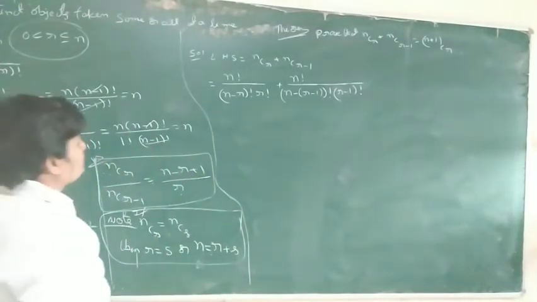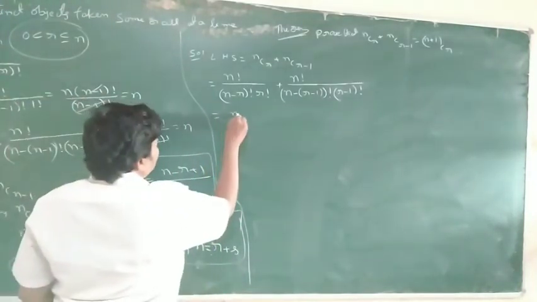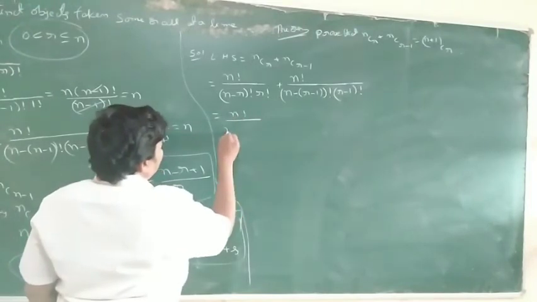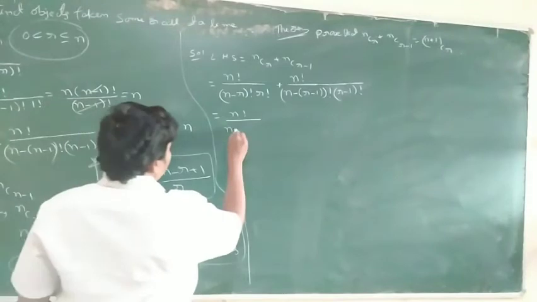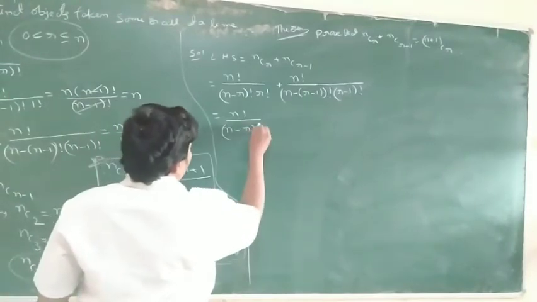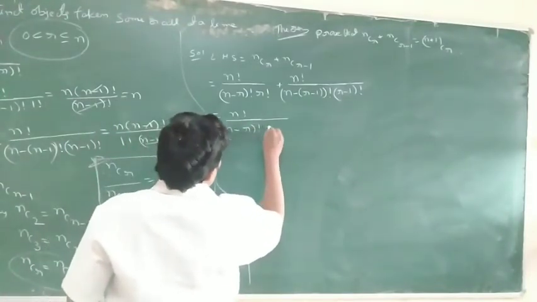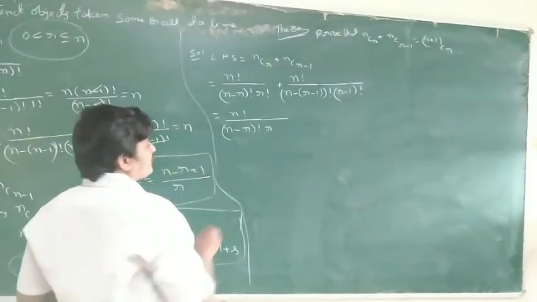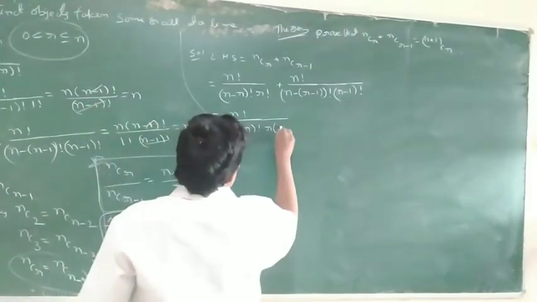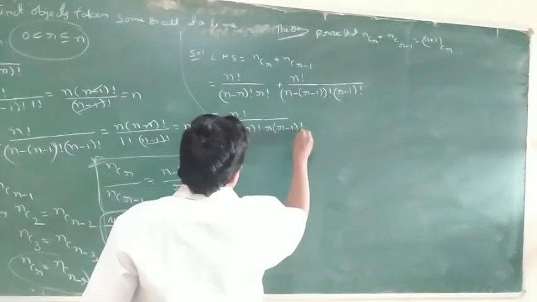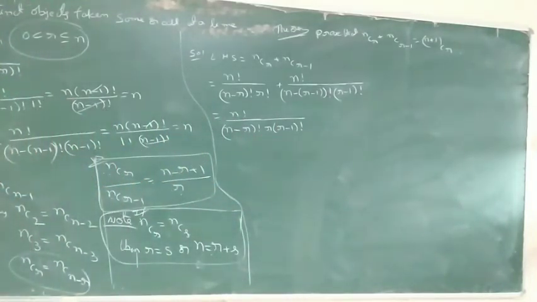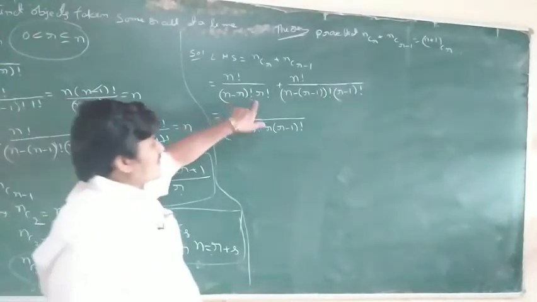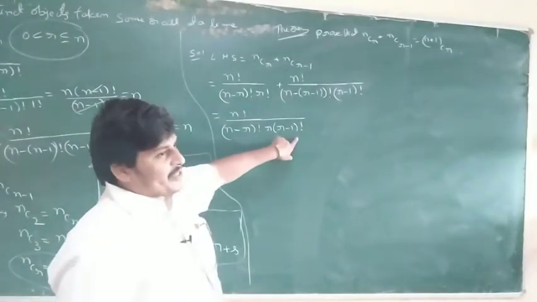So nCr is n factorial by (n minus r) factorial into r factorial, which can be converted into r into (r minus 1) factorial.